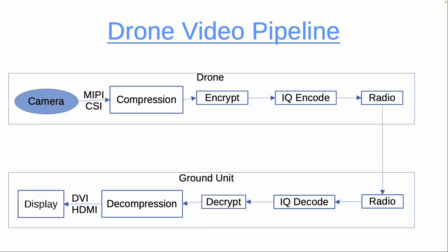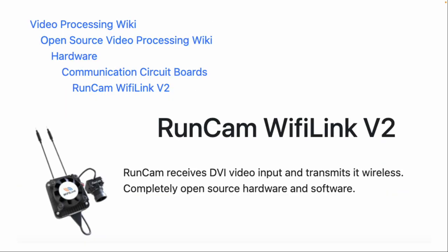So a big part of drones is the radio communication. Here we have the completely open source RunCam WiFiLink version 2. It takes a DVI out of a camera and transmits it basically over Wi-Fi. But in order to minimize the latency, there's no error checking. It just sends the data and assumes it's correct. You use it in broadcast mode.